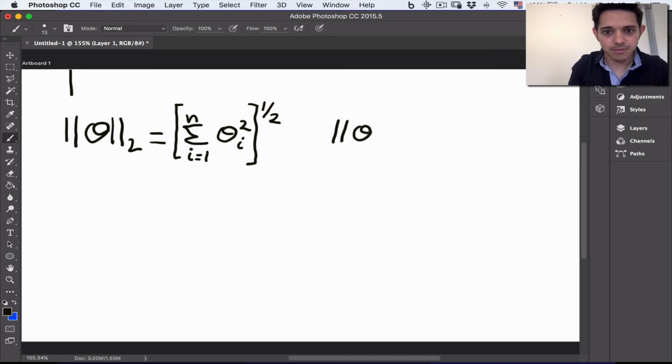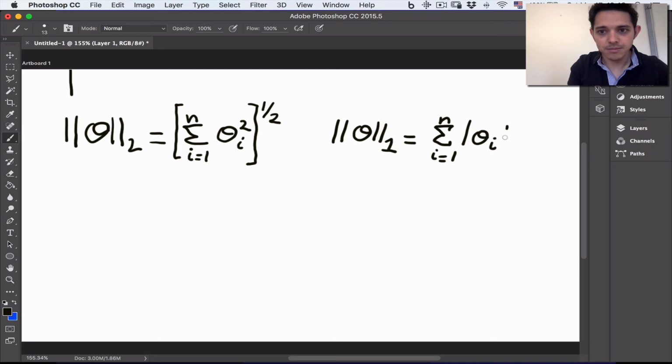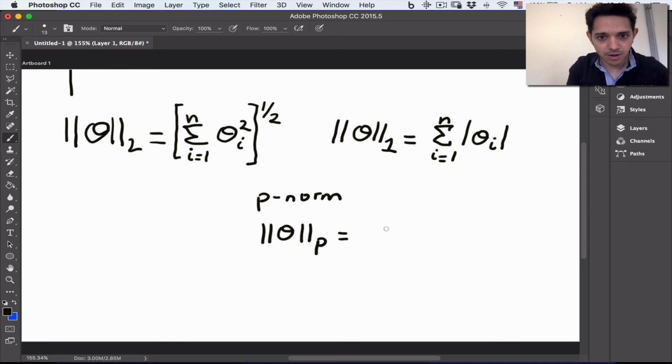Now, the 1 norm is given by the following formula. Again, we're going to work with the individual elements of theta. There could be n of them. And we're going to sum the absolute values. Okay? And that is the 1 norm. In fact, just as a bit of background, the formula for the p norm looks as follows.